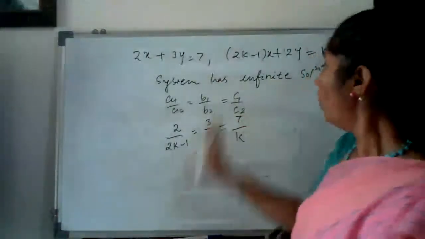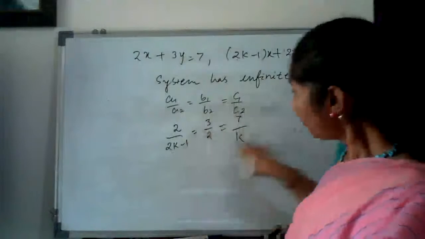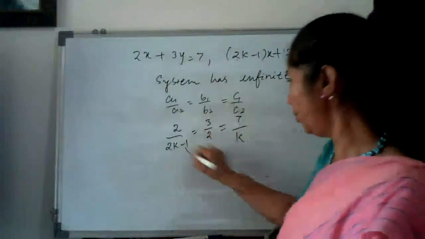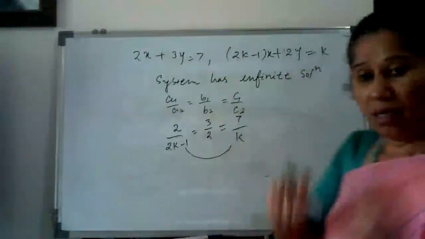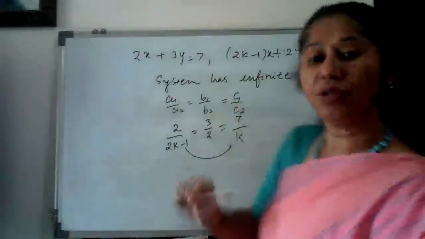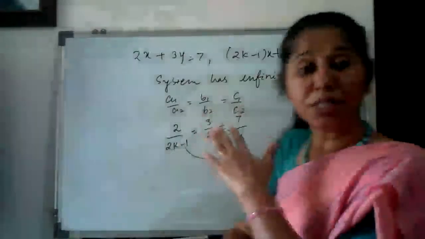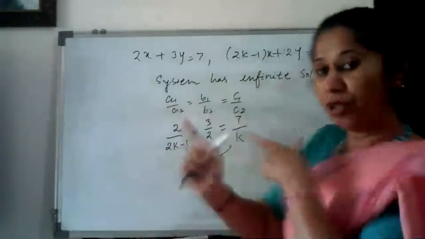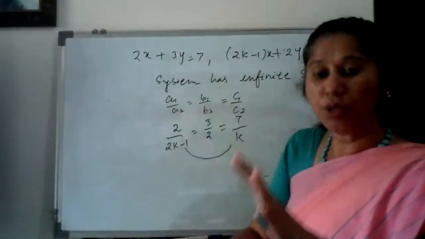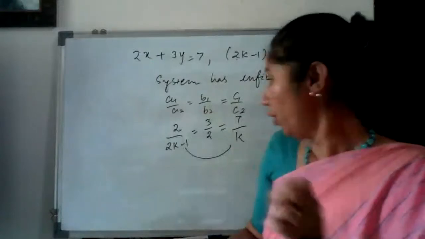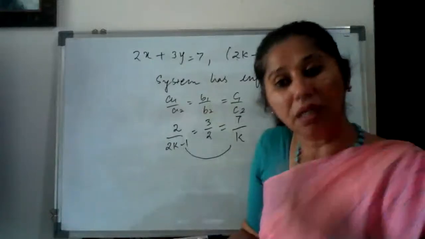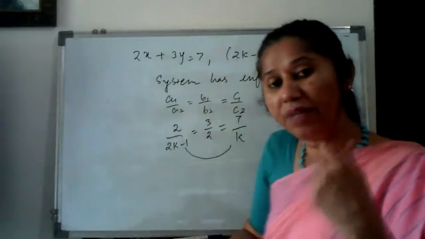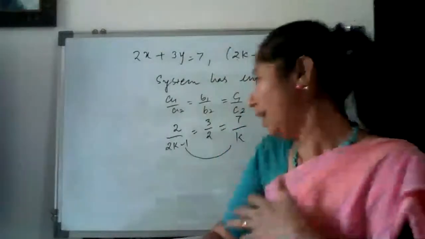c1 upon c2 is 7 upon k. Now, here you know that it satisfies some conditions. So you can compare them like this, and you can find out the value. I'm just taking a general example here. It's not a perfect example. Please mind it. So you may not be getting the same values. So please understand it. We will be discussing this in the later questions also, where we can find out more about finding k.